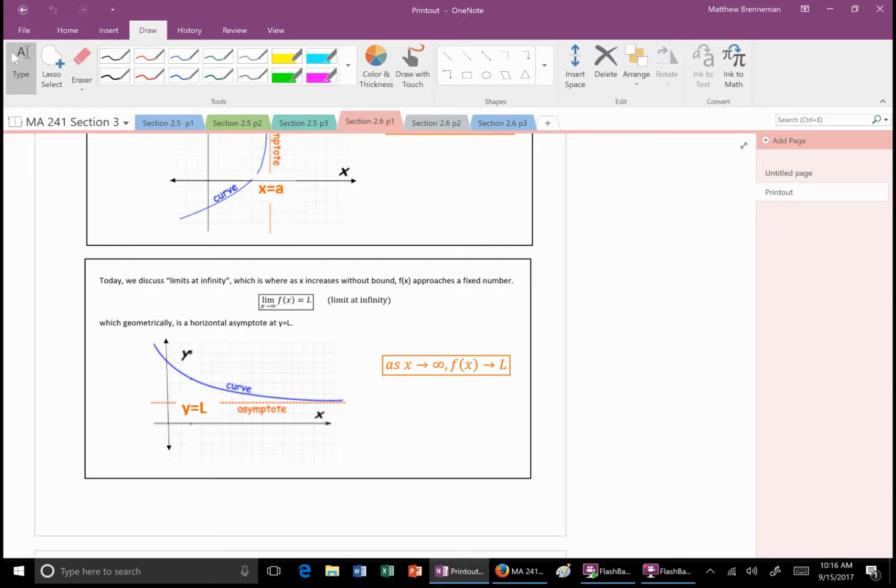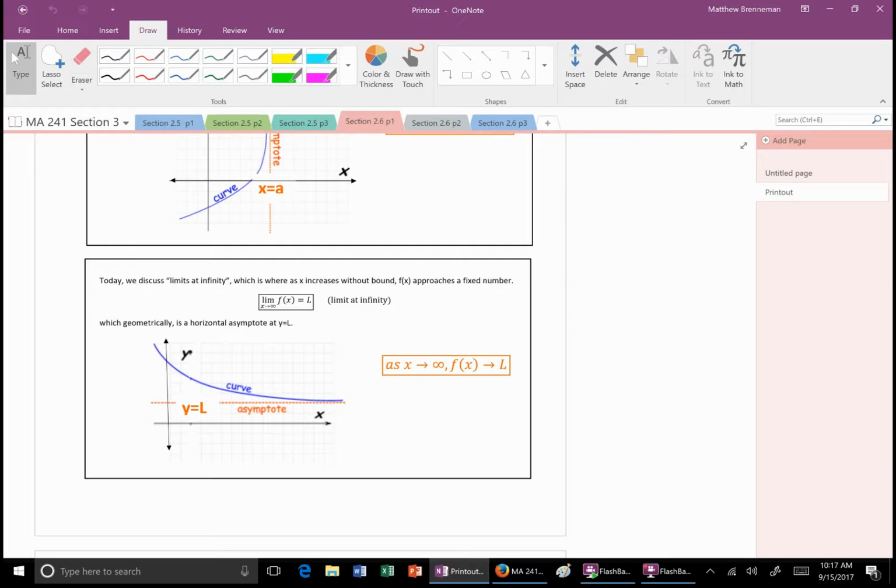That's the limit at infinity: as x goes to infinity, the value of the function is settling down to some value.